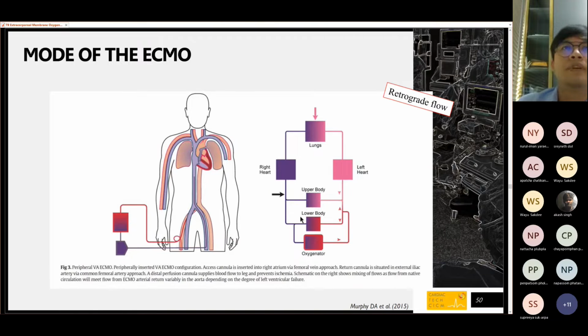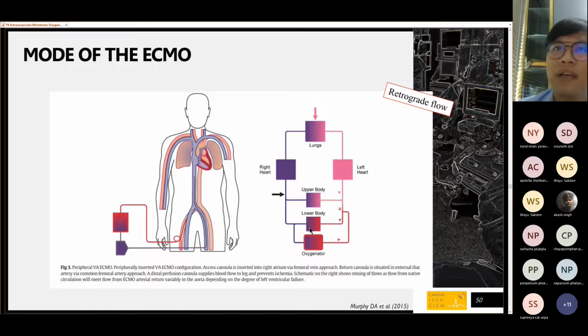But the retrograde flow can occur in the peripheral, where you access the blood inflow to the femoral artery like this.